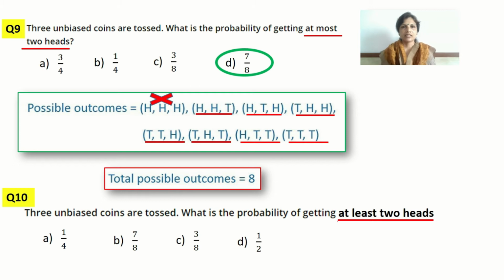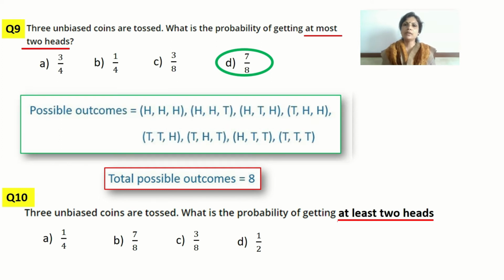Alright, next sum. 3 unbiased coins are tossed. What is the probability of getting at least 2 heads? Now at the most and at least, look at the difference. At least means it should be 2 or it can be more than 2, but not less than 2. So what options will we have here?